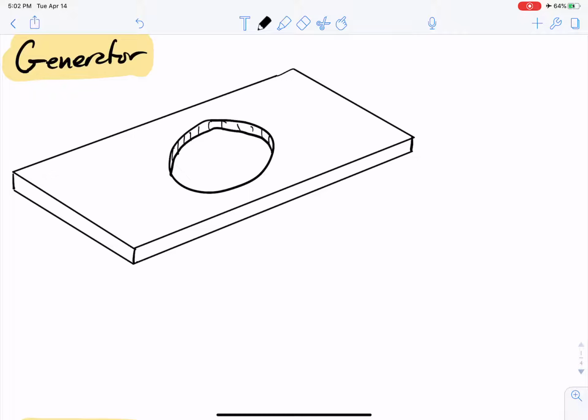Now, I'm going to drill a hole through here, and we're going to slide an axle into there. But before we do that, we're going to put a magnet in here. So a permanent magnet. And on that axle, we'll mount this permanent magnet.